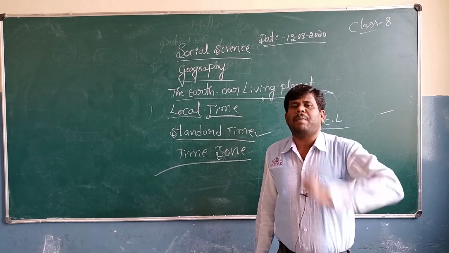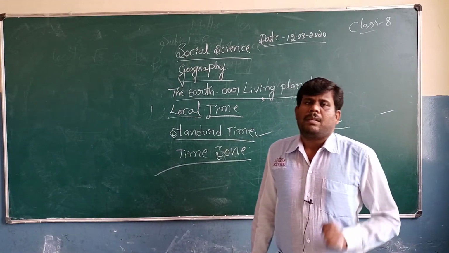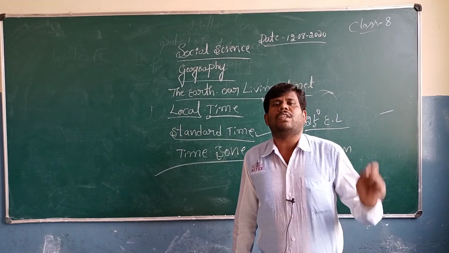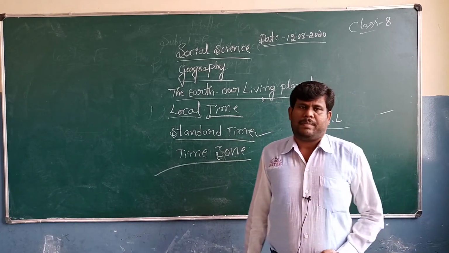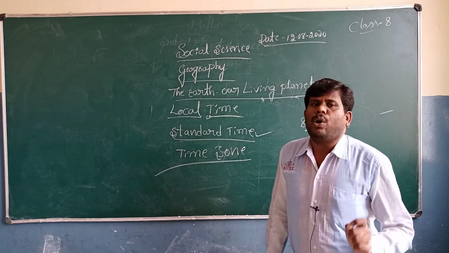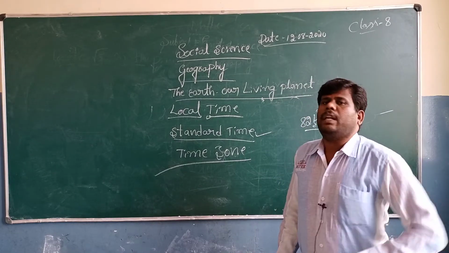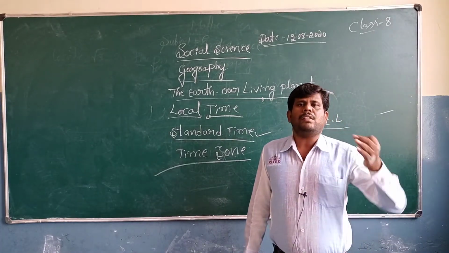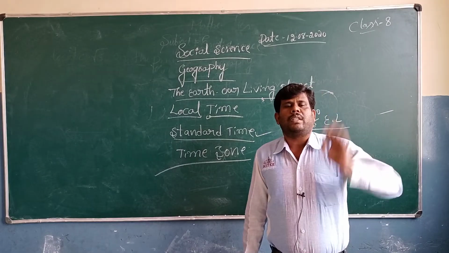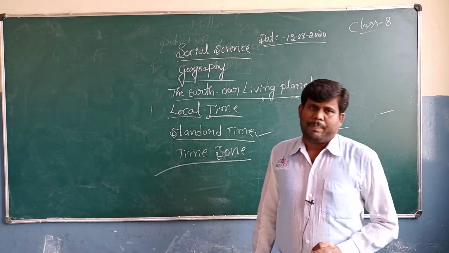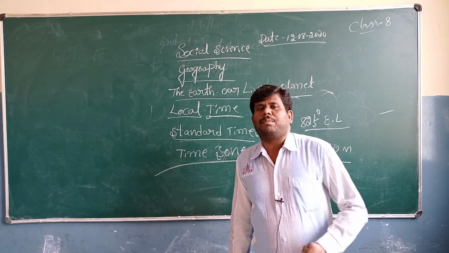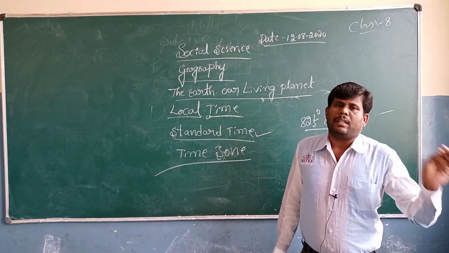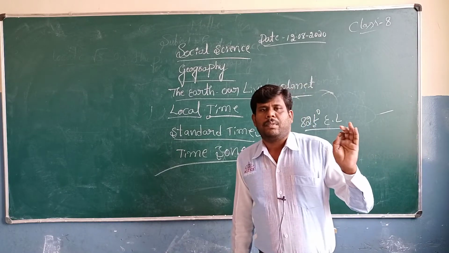Why is this line marked? To avoid the confusion of day and date. The countries of the world can solve their time problem by following uniform time and local time.